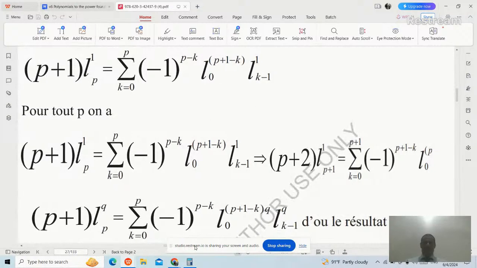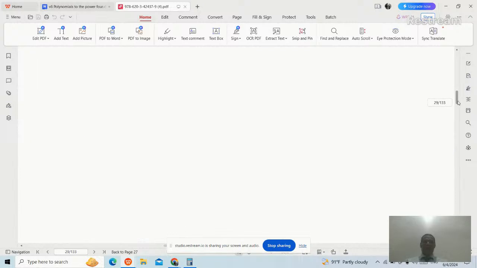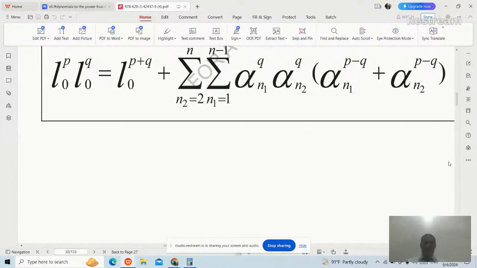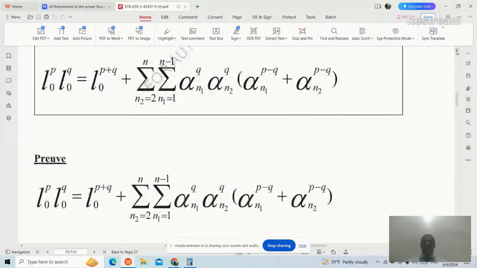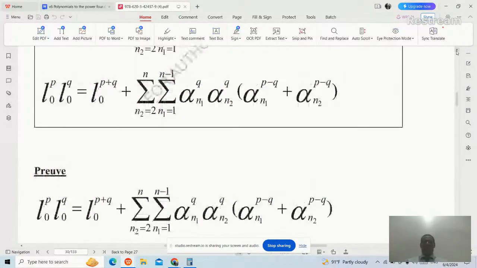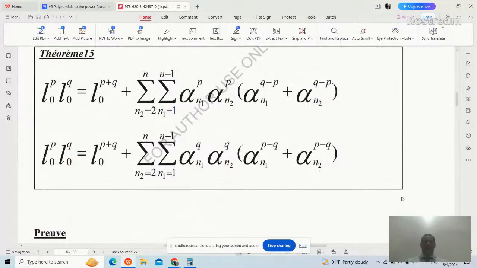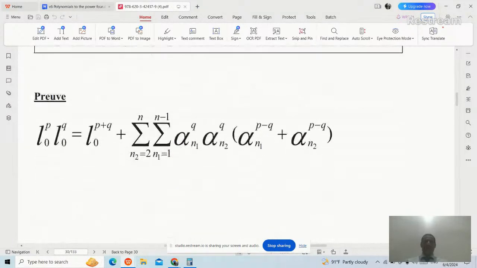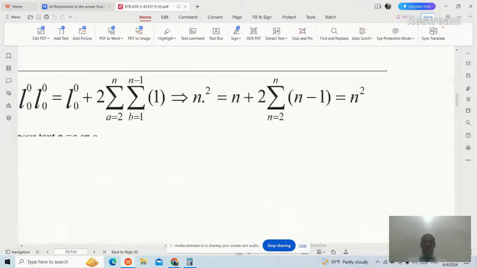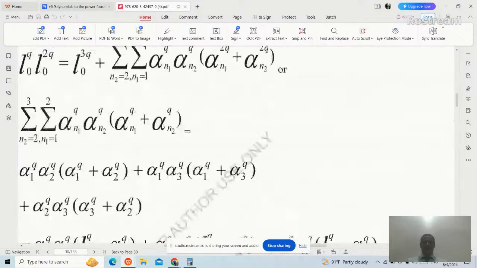I will show you the formula. For example, this is a theorem, and this is its own proof. So let's move to the discriminant formula of Mourad Sultan Ezouidi.